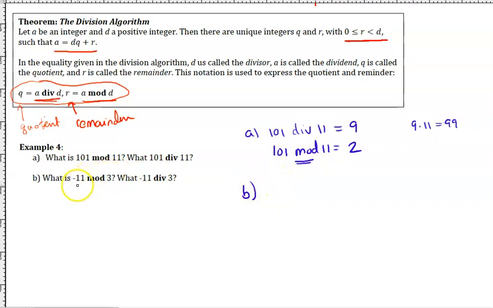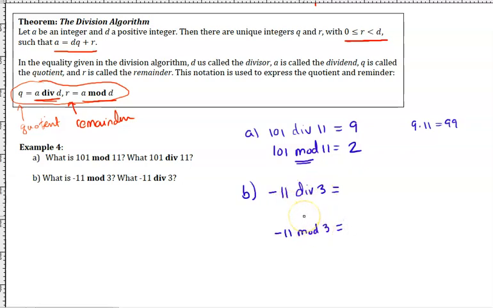All right, so let's look at B. We have negative 11 mod 3 and negative 11 div 3. So we're basically dividing negative 11 by 3. With negative numbers, you want to make sure that your remainder is positive.